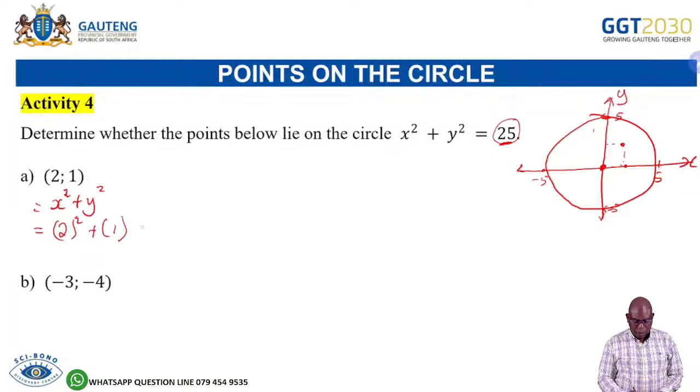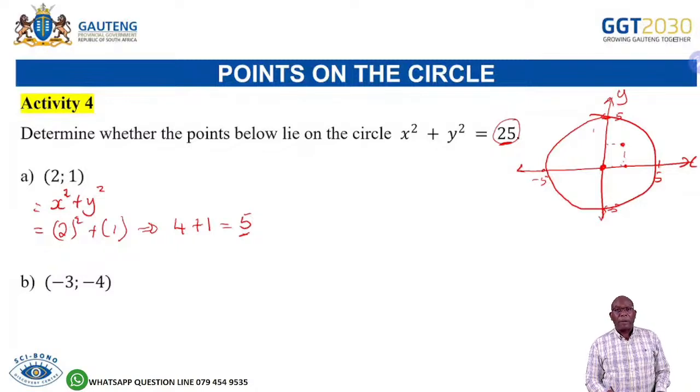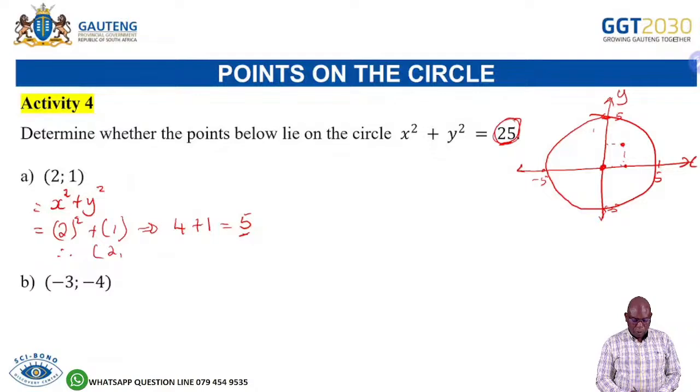So if I work this one out, I'll get 4 plus 1, and that will give me 5. And 5 is not equal to 25. Therefore, the point (2, 1) does not lie on the circle.